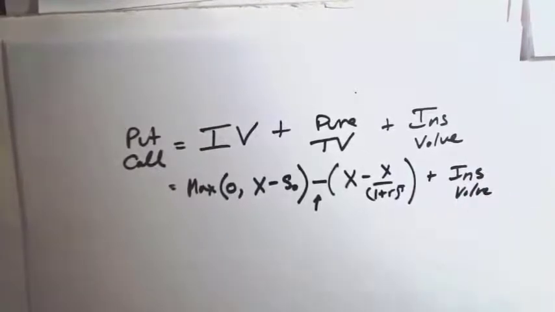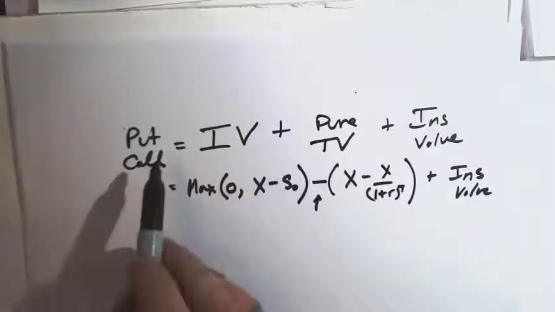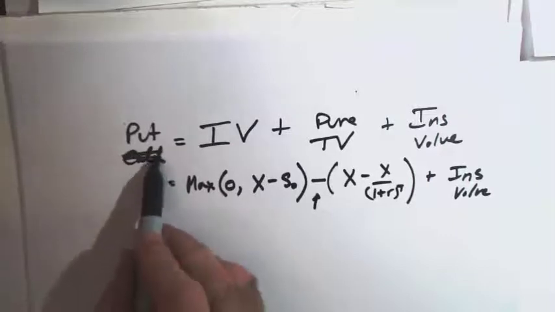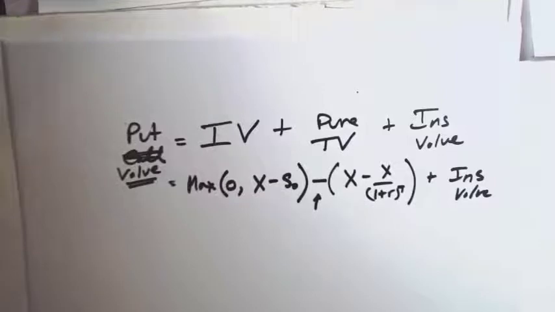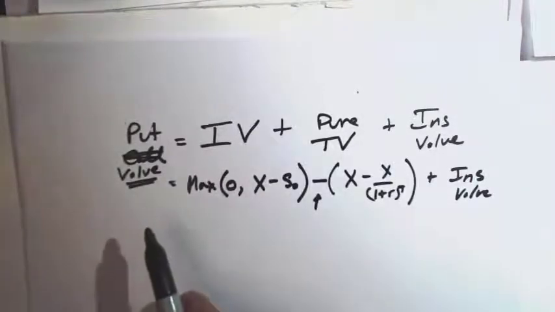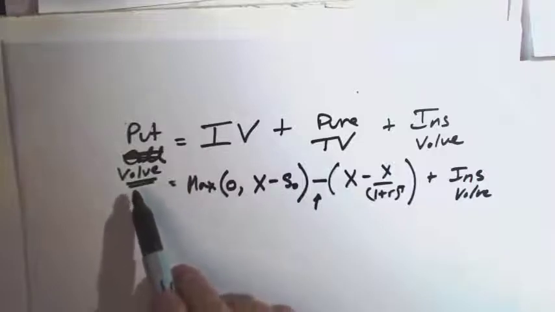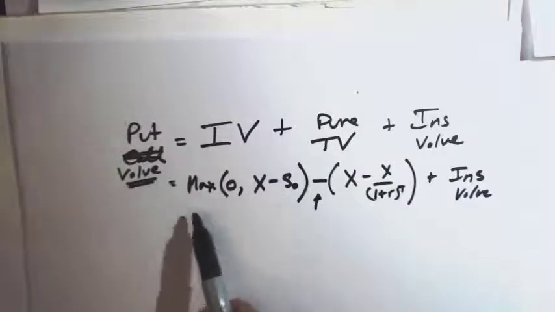So when you want to decompose a put option price, whoa, I made a mistake. This should be put value. See, if I was in a classroom, somebody would have stopped me, but nobody's in the classroom here, so I just kept going. So this is put value.